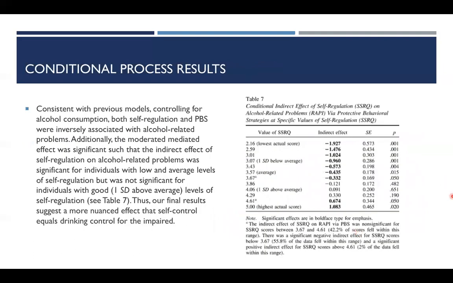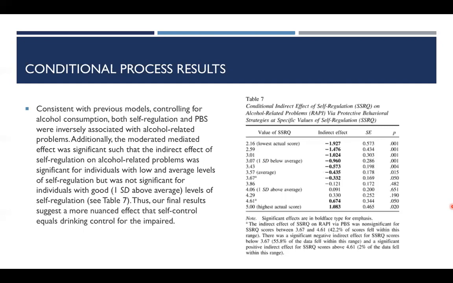What we were looking at before with this one was those protective behavioral strategies, and whether it was that your protective behavioral strategies explained why your self-regulation was helpful, or if it compensated for your lack of self-regulation, or vice versa. Self-regulation compensated for your lack of PBS. So it could be both at the same time. So that's what they're testing here.